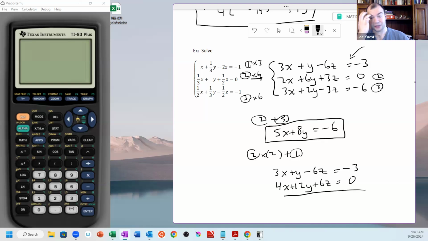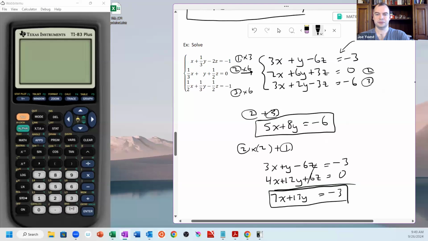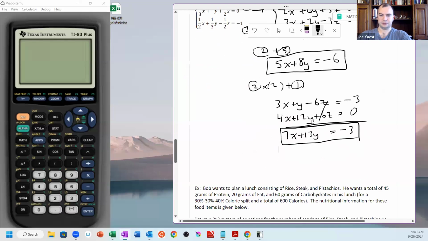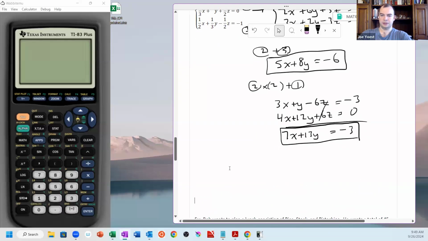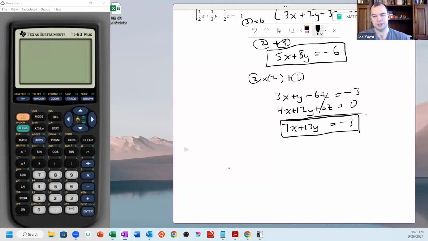And now I'll add these together. So I have 7x plus 13y, my z's go away, equals -3. There's my second equation in 2 variables. So I now have 2 equations and 2 variables to deal with.